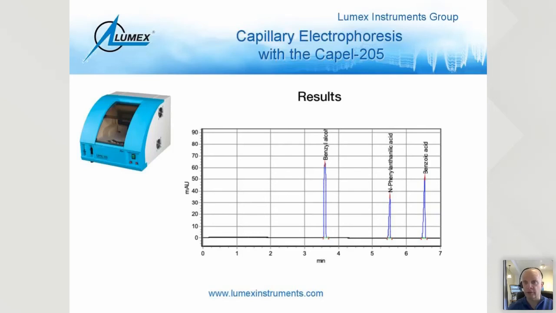And that's when you know you need to rinse, in terms of regeneration of the capillary walls. But in terms of rinsing buffer through your capillary, that has to be done every single injection because you need fresh buffer for every run. Hopefully that answers the question I had on the chat.